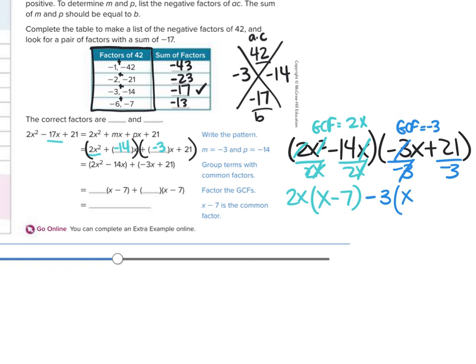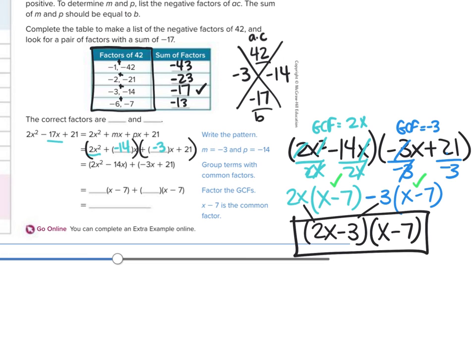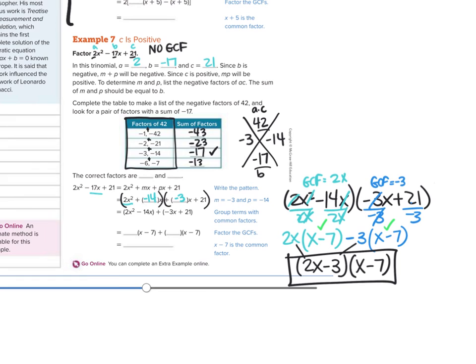Those would cancel, leaving me with x, and then 21 divided by -3 is -7. If we did it correctly, our parentheses should match, and now we combine for our final 2x minus 3, putting those together, and then only 1x minus 7. You can always double check in the parentheses and make sure there's no more common factors. In this case, there are not.